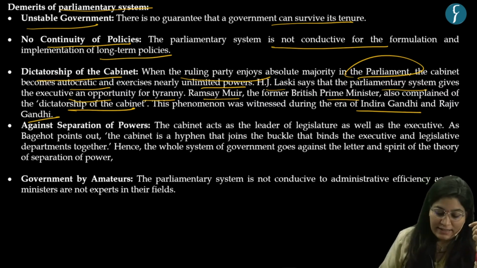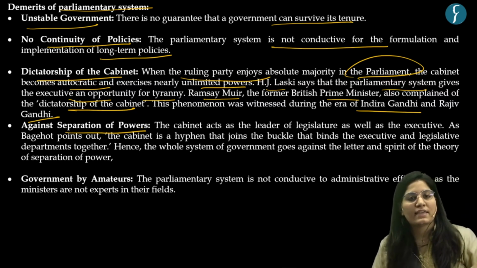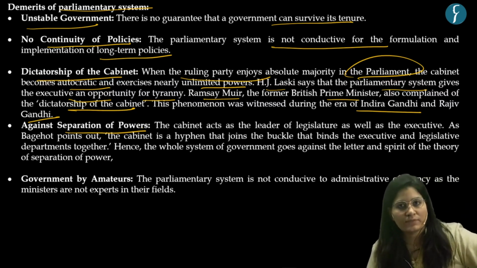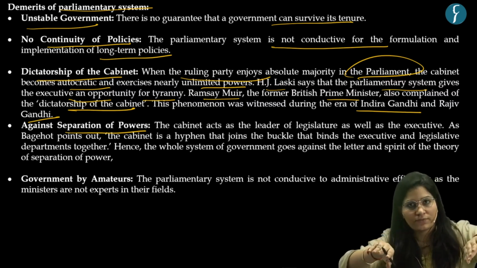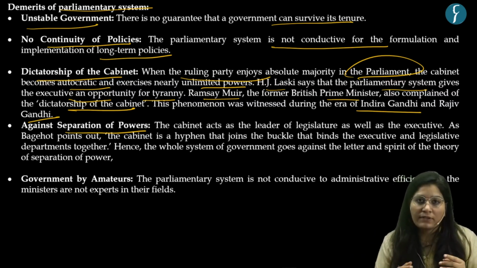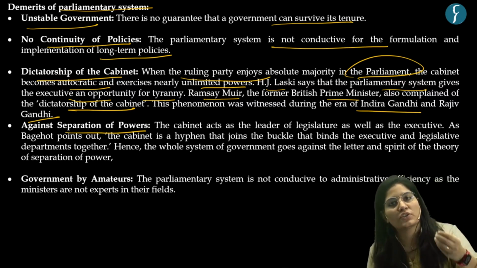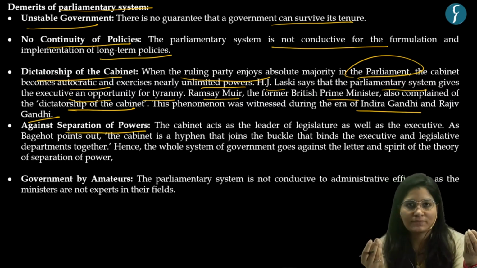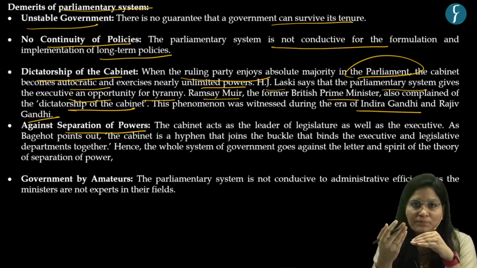The next is again separation of power. See, the executive is dependent on the legislature. They are answerable to the legislature. So, there is no clear separation between legislature and executive in our parliamentary form of government. Okay. Now, the cabinet becomes the leader of the executive as well as of the legislature because there is no clear demarcation. So the cabinet becomes the head of both.